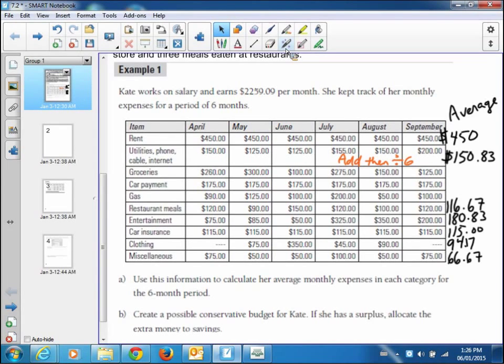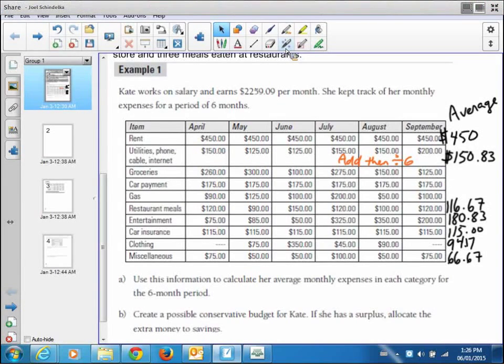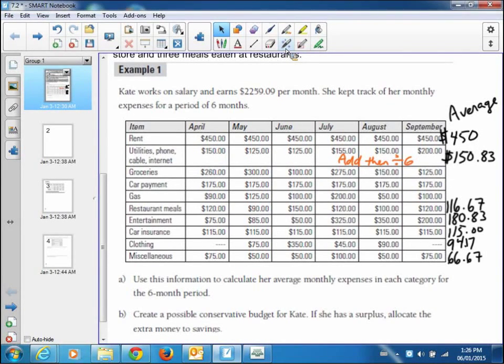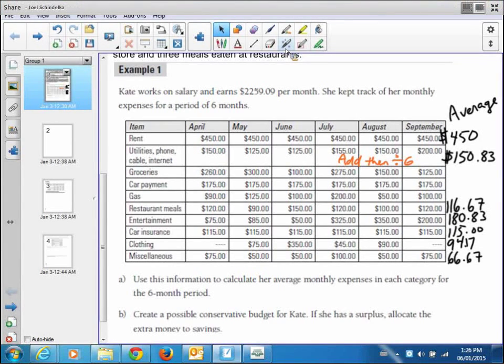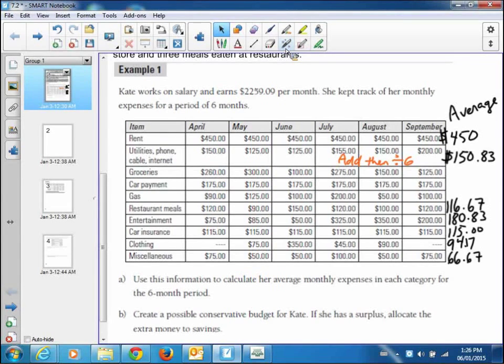Yeah, I'll double check my month. I just got bad math. 17 is what I had. So what you're telling me is 0 plus 75 plus 350, divided by 6.